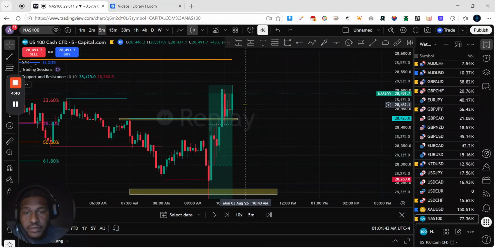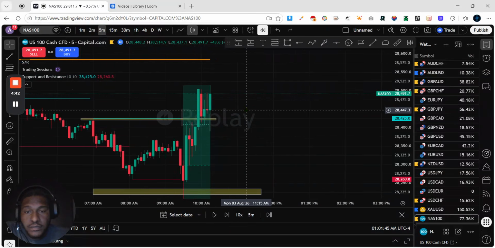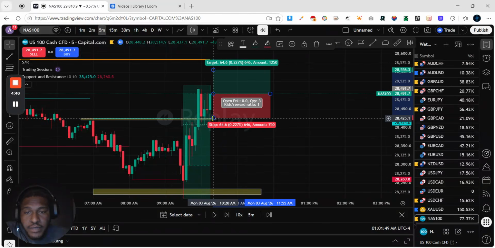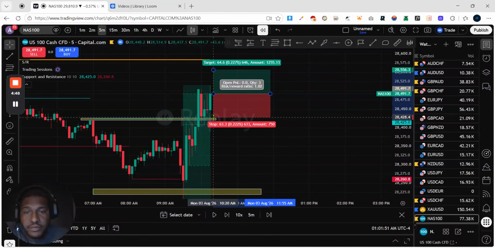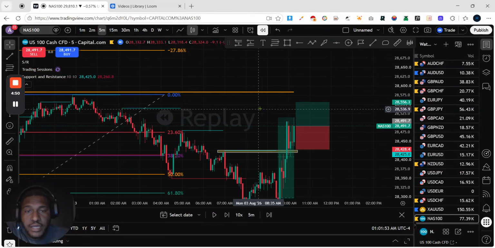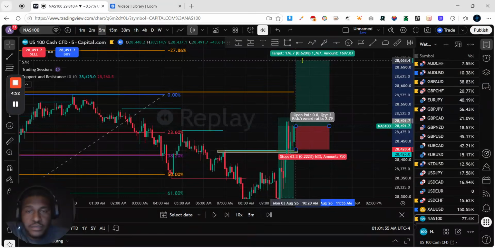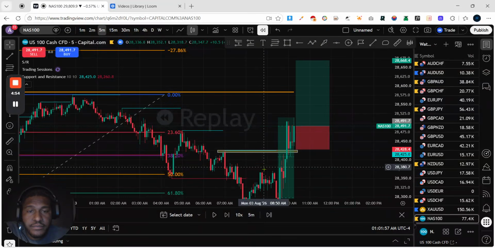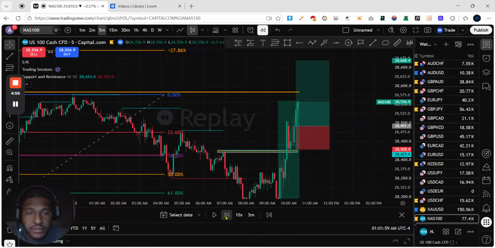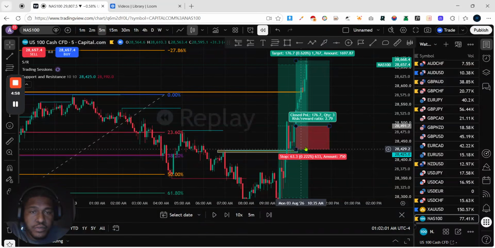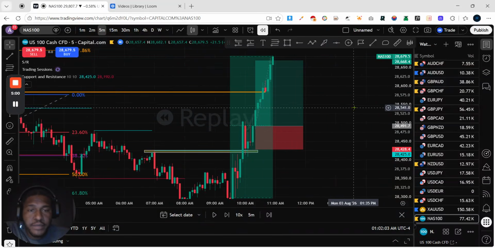Boom, there we go. So at this point in time, I would feel comfortable getting in a trade. Take it on up. Let's see what happens. Boom, TP hit.